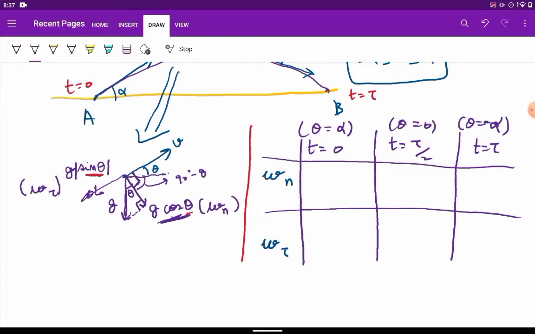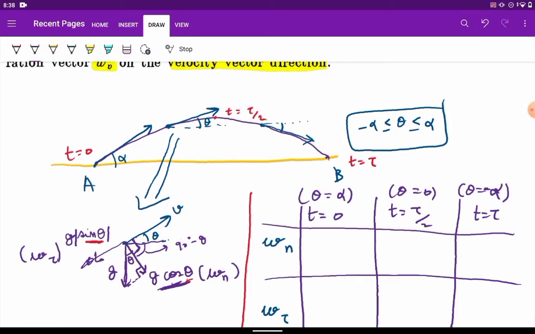Okay, so at t equal to 0... one thing to be noted: the graph would be symmetrical about t equal to tau by 2.